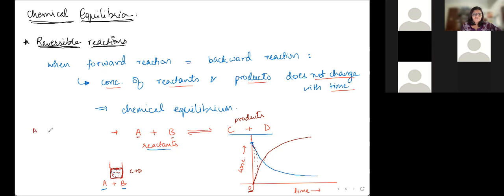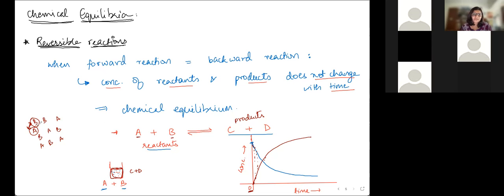You have a lot of A and a lot of B. A reaction happens when a molecule of A and a molecule of B collide with each other. That's where the bonds break and new bonds form. Clear?